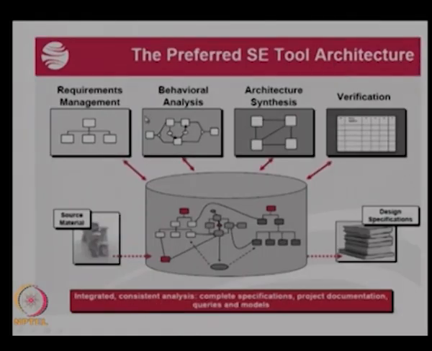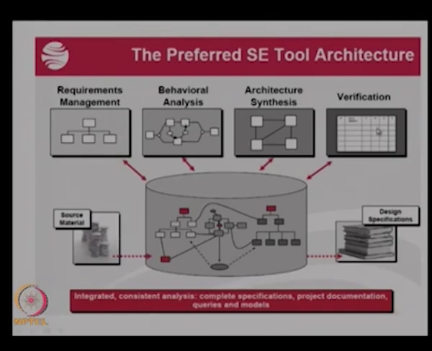So that is the preferred system engineering architecture, where you have a common database properly arranged with proper traceability, and requirements management, behavior analysis, architecture synthesis and verification all come from this database. There will be only one input to this database, that is the source material, and the output will be the design specification.